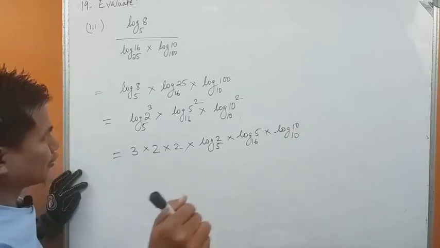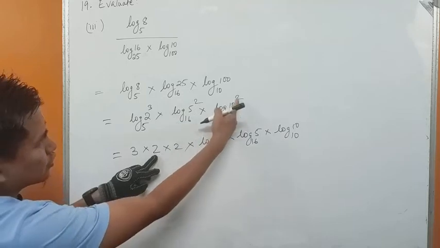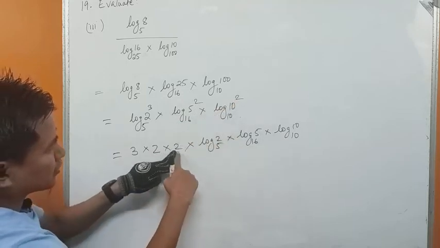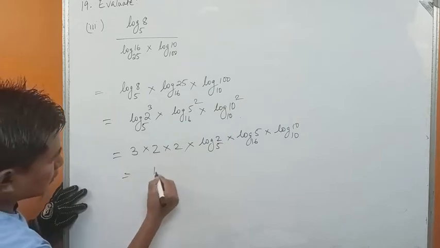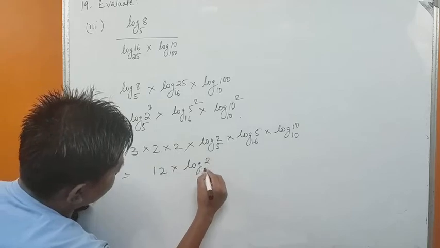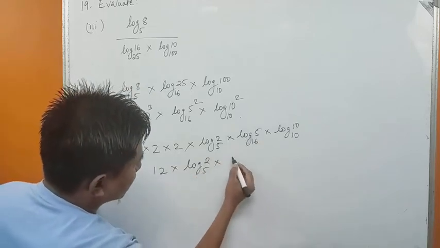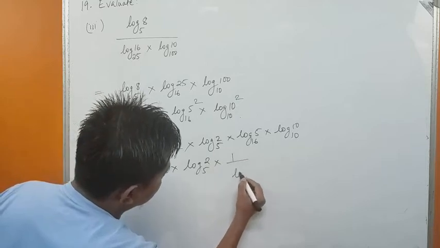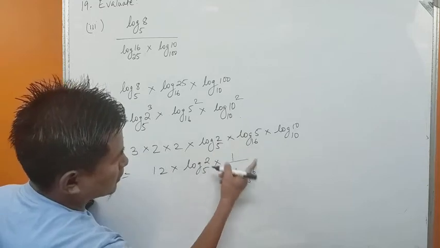Are you getting me? I hope so. This 2 is brought here, so it comes here. So 3 into 2 is 6, 6 2s are 12, 12 into log 2 to the base 5 into, now I take this number to the denominator, 1 upon log 16 to the base 5. Base and log change.